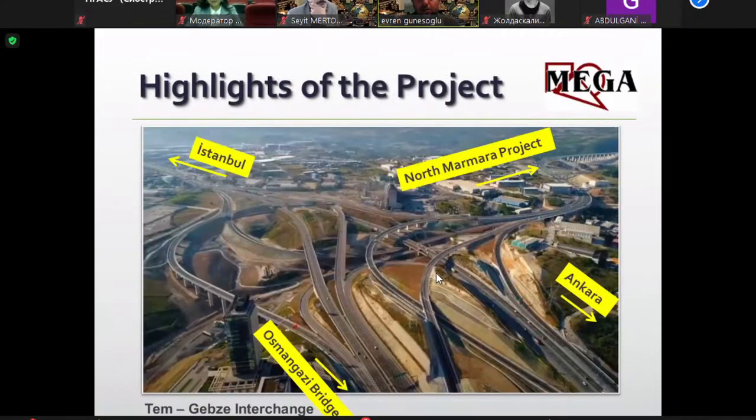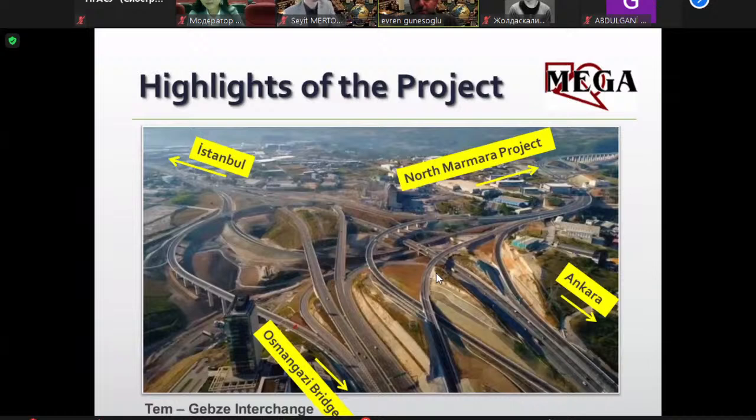I want to mention the project highlights, for example, this Tem-Gebze interchange. This is the most complex interchange of the project. The Tem-Gebze interchange connects 3 main motorway axes: the existing Ankara-Istanbul motorway, the Gebze-Orhan Gazi-Izmir motorway, and the North Marmara motorway by its directional ramps.